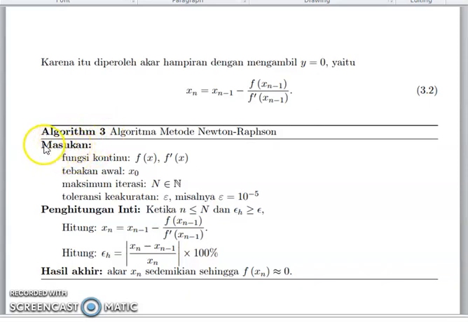The input is the continuous function f(x) and its first derivative f'(x), an initial guess x0, the maximum iteration N, and an accuracy tolerance epsilon. For example, epsilon equals 10 to the power of minus 5.